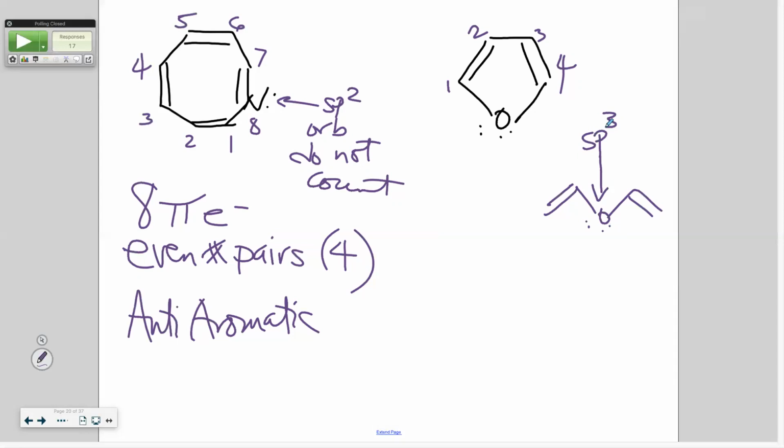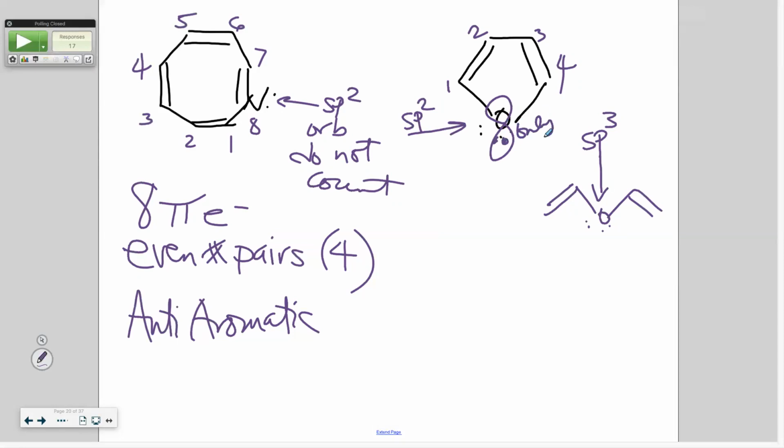But what about this O? What you have to do is say, well, if it becomes sp2 hybridized, will it make it aromatic? That's the question that you're basically asking. If it becomes sp2 hybridized, you will have a p orbital on that O. What will be in that p orbital? 2 electrons. One of the pairs will be in there.